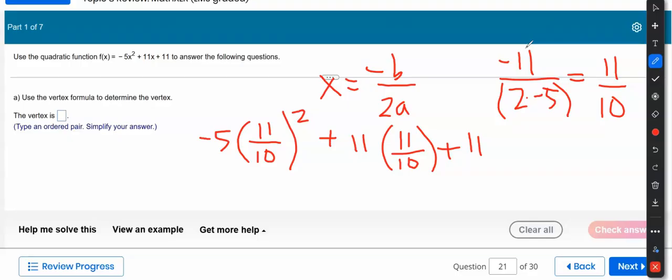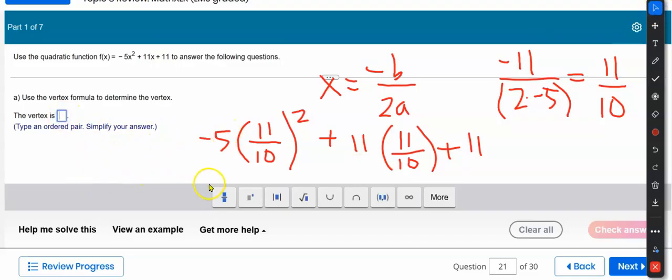Time to let the calculator do the work here. Do you use a handheld calculator or do you use Desmos? I use Desmos. Okay. So it says type in ordered pair. I'm going to have an ordered pair.